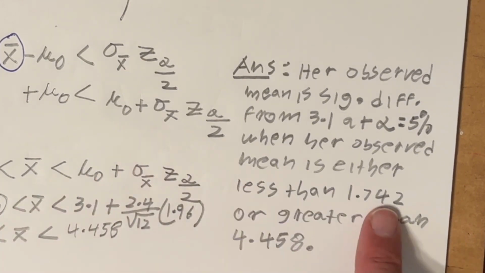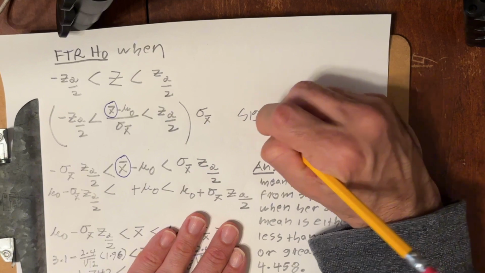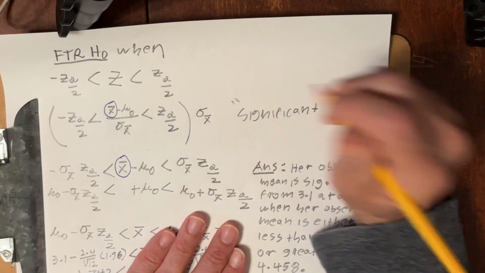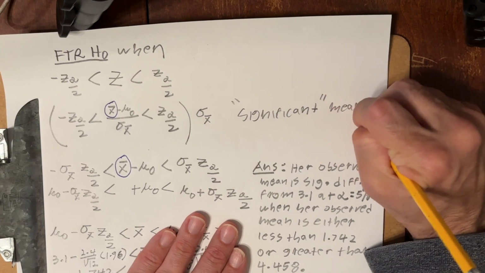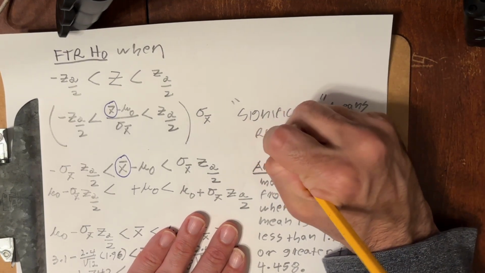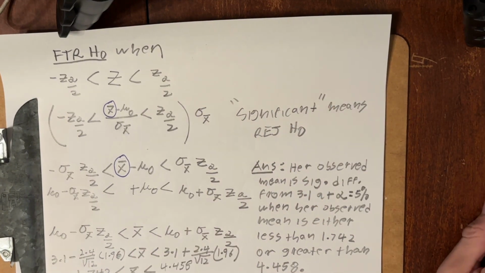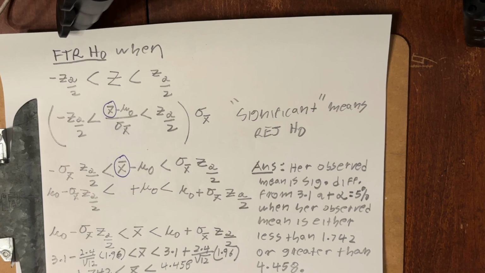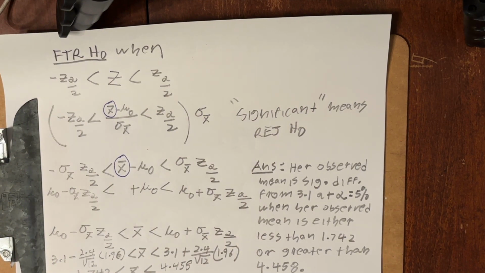Now, that's because the word significant, or statistically significant, means that we reject the null hypothesis. That's what significant means. This whole series of calculations was based on failing to reject the null hypothesis.